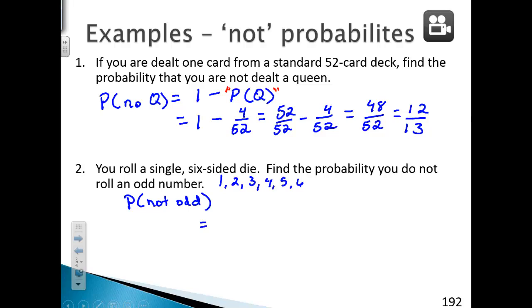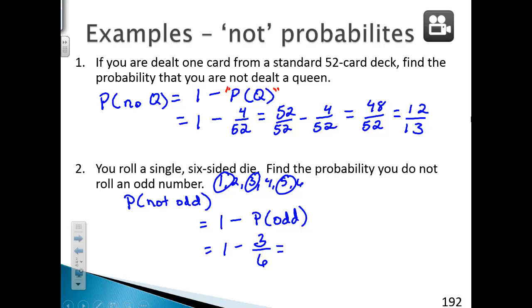So the probability that's not odd would be 1 minus the probability of selecting an odd value, or rolling an odd value. So 1 minus, there's 6 sides, and how many of these are odd? So let's go through and find 1, 3, and 5 are odd.